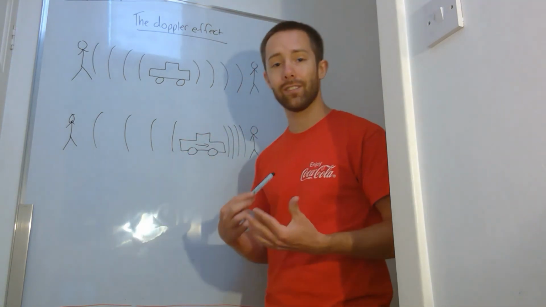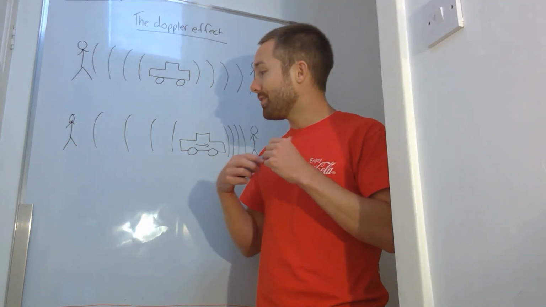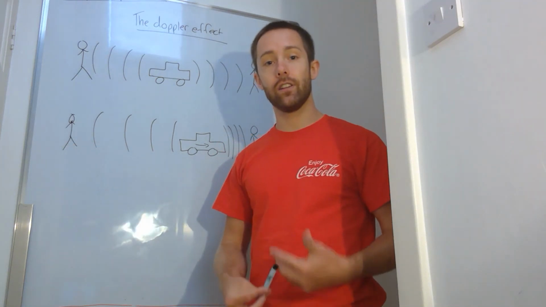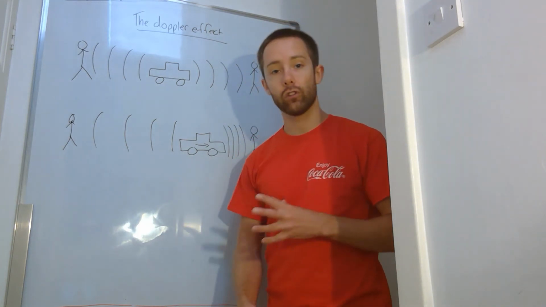So even though the sound itself has been created equally in all directions, there is an apparent change in the observed frequency and the observed wavelength, okay? And that is what the Doppler effect is, okay?